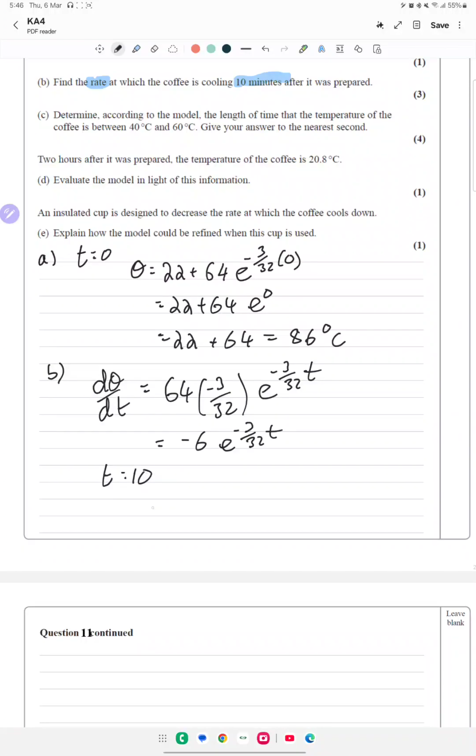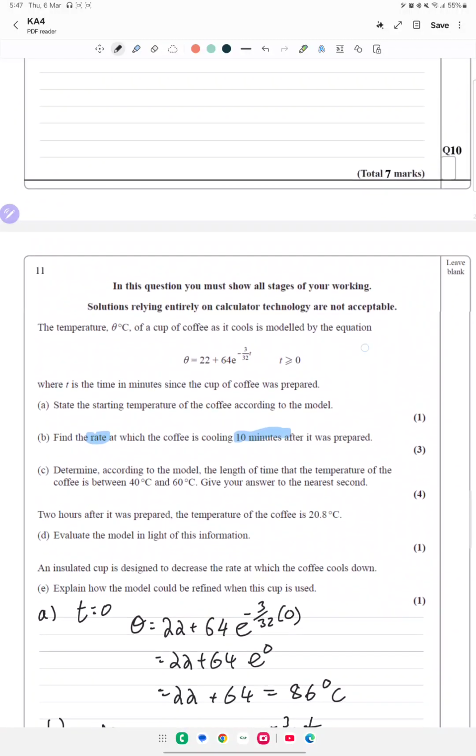We know t is 10, so d theta by dt is minus 6e to the minus 3 over 32 times 10, which is minus 2.435.